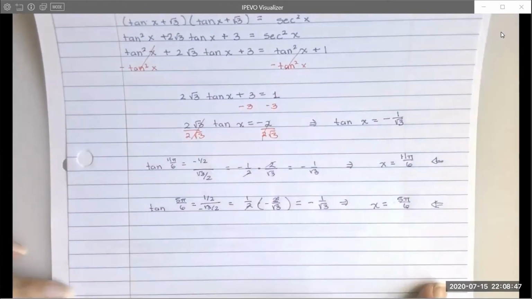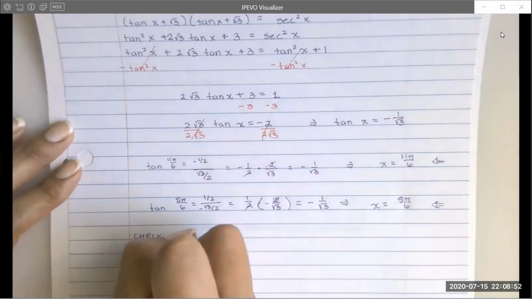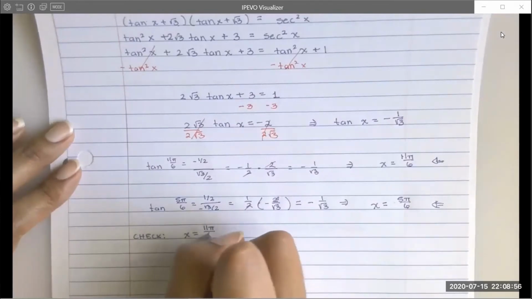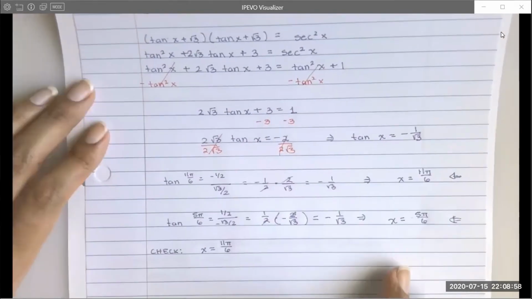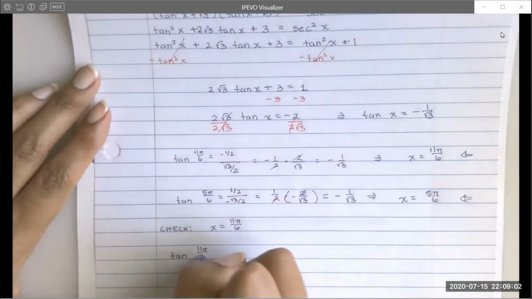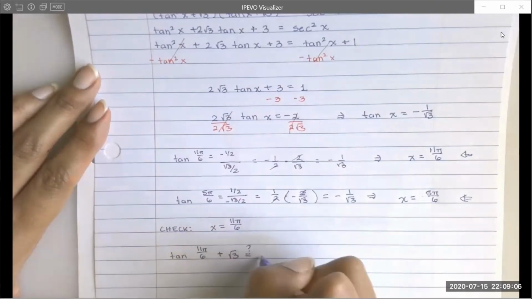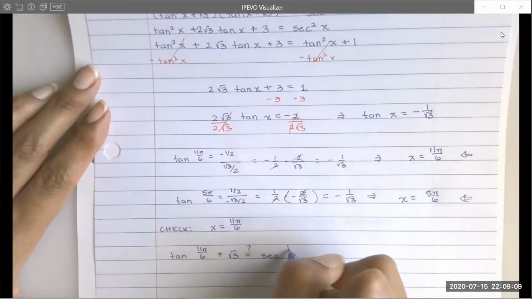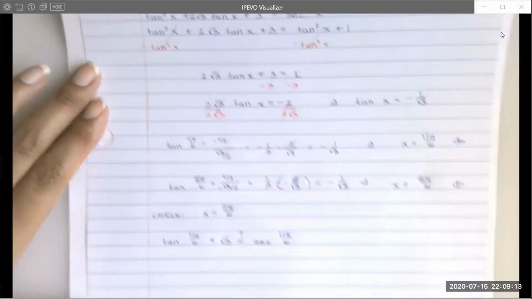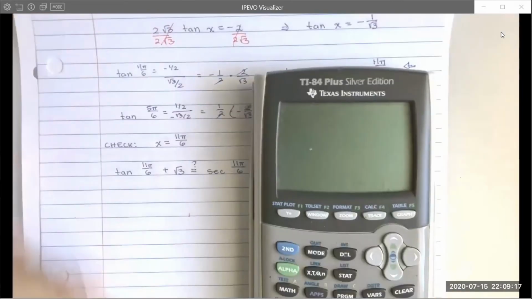But I still need to go and check them by plugging them into the original equation. So let's check x equal to 11 pi over 6. Is it true that tangent of 11 pi over 6 plus radical 3 is equal to secant of 11 pi over 6? Well, let's see. I'm going to use my calculator because I think that's going to be a bit quicker.